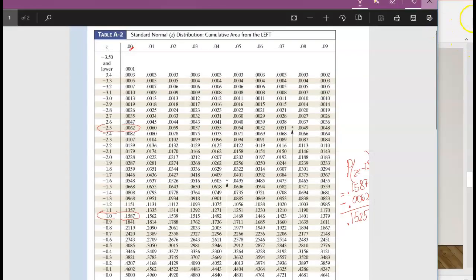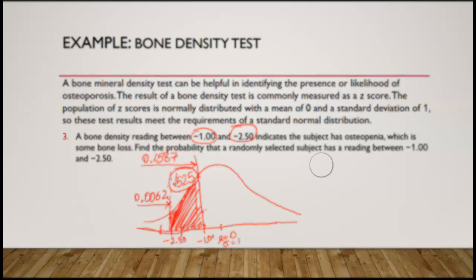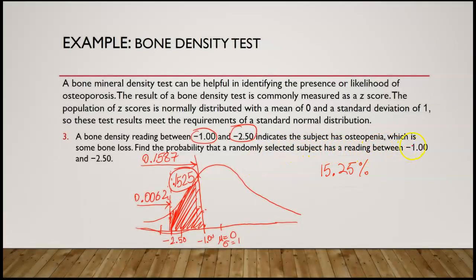Let's go back to our drawing and transfer the numbers from the table to the drawing. 0.1587, 0.0062. So this difference is equal to 0.1525. Translating it to the human language, we can say that there is 15.25% chance that a randomly selected subject has a reading between negative 1.0 to negative 2.5.